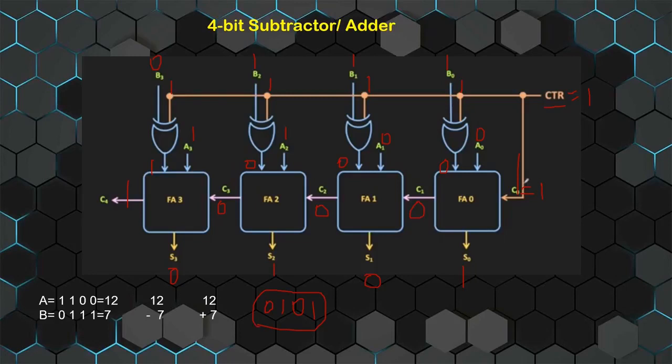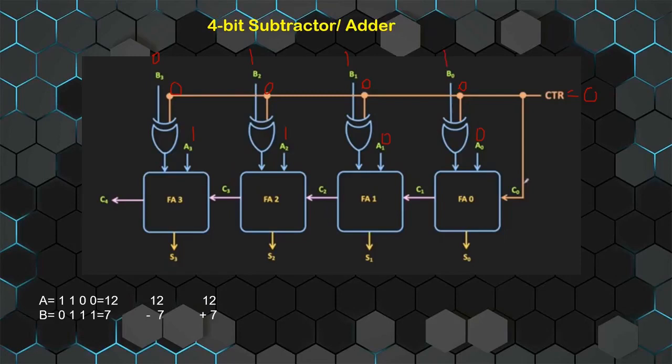Okay, next let we perform 12 plus 7. For addition, control will be 0. So here control 0, 0, 0 and 0. What are B inputs? 0, 1, 1, 1. What are A inputs? 1, 1, 0, 0.